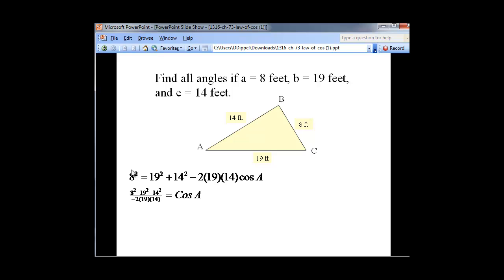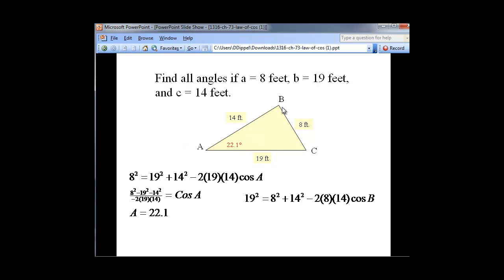If you solve it, you have 8 squared, subtract 19 squared, subtract 14 squared, divided by negative 2 times 19 times 14. When you take the cosine inverse of that, you get 22.1. So A is 22.1.